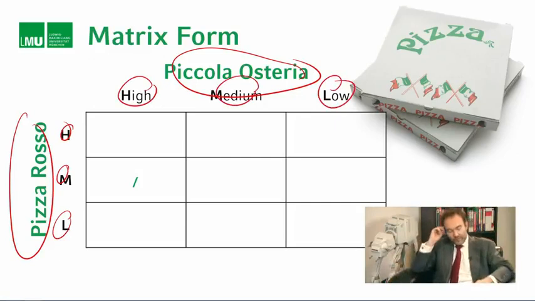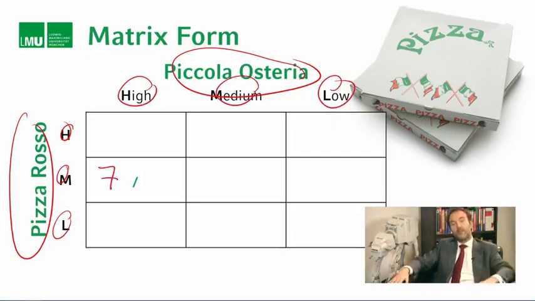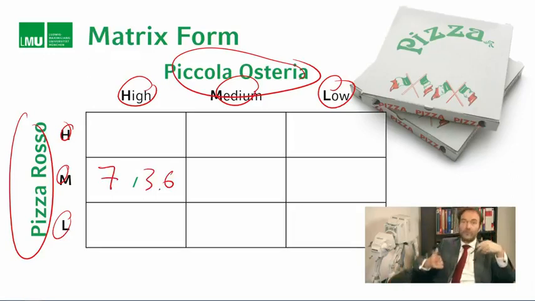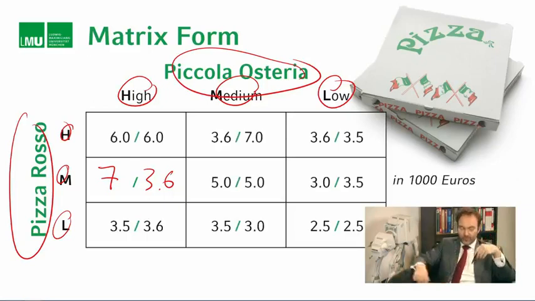The thing we just discussed, Piccola Osteria charging a medium price and Rosso Pizza charging a high price, gives 7,000 euros for Piccola Osteria, and 3,600 for Rosso Pizza. And we can construct the entire payoff matrix and complete it. These are, of course, in 1,000 euros.